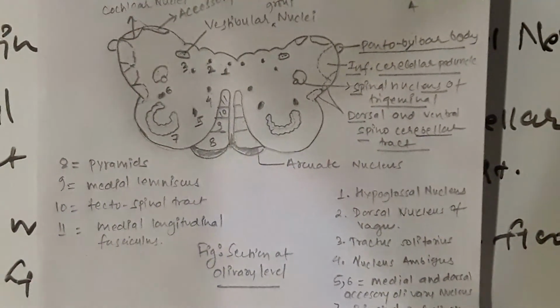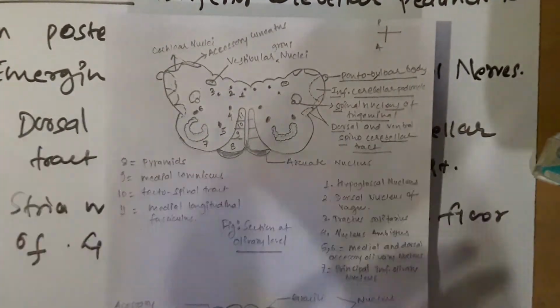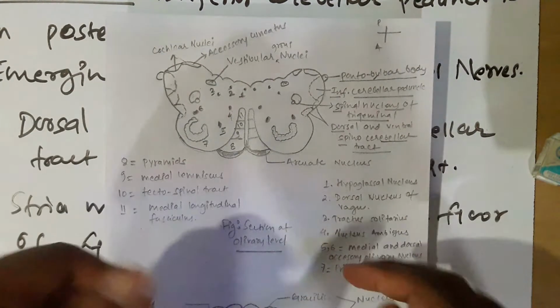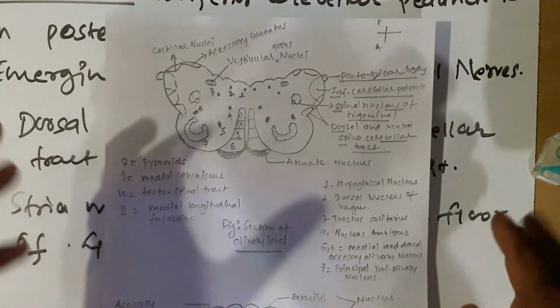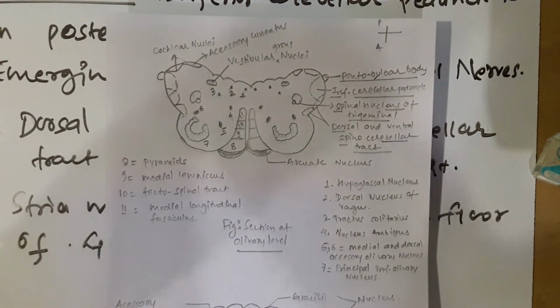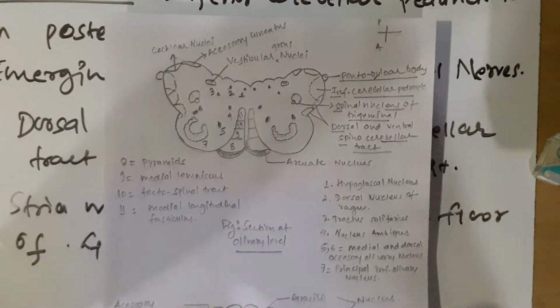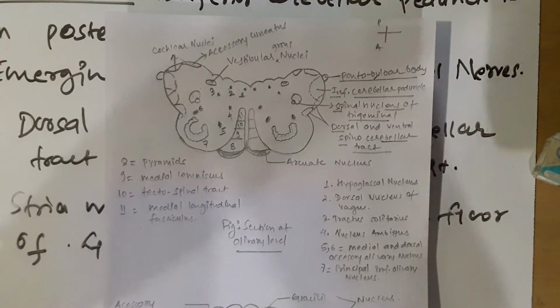One thing, we'll discuss the clinical anatomy of the medulla once we complete the features. In the same manner, we'll now discuss the pons, as we know the brainstem has 3 parts: medulla, pons, and the midbrain.